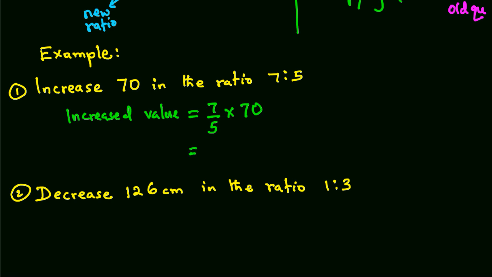So that would give us 98. It is important to note that 7 over 5 is our multiplying factor.